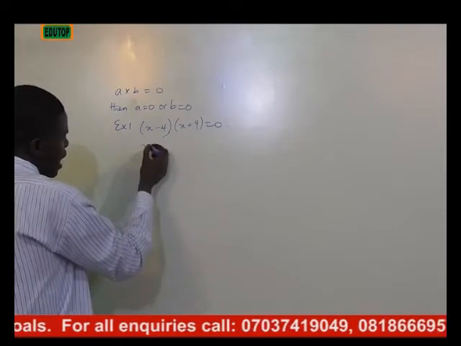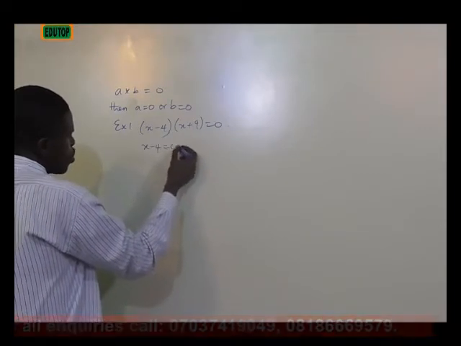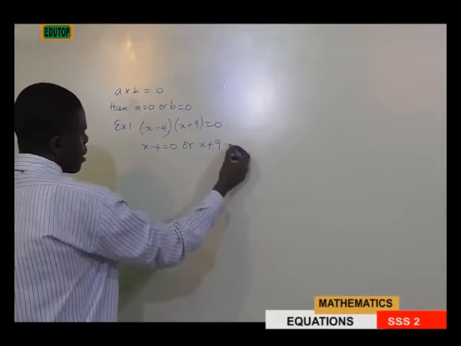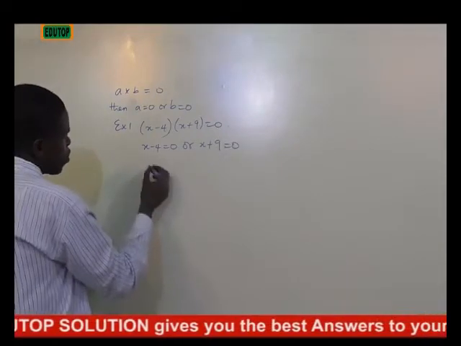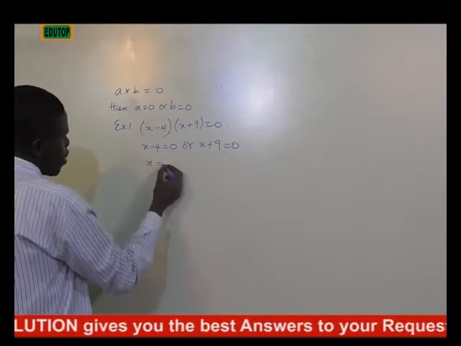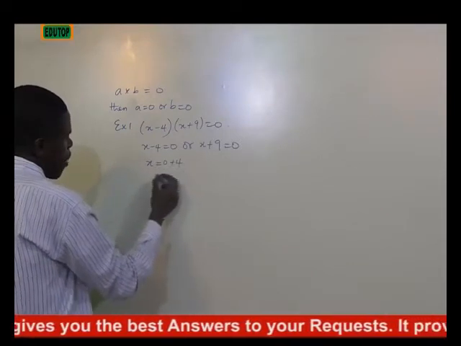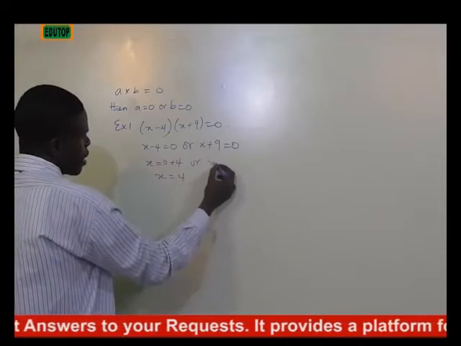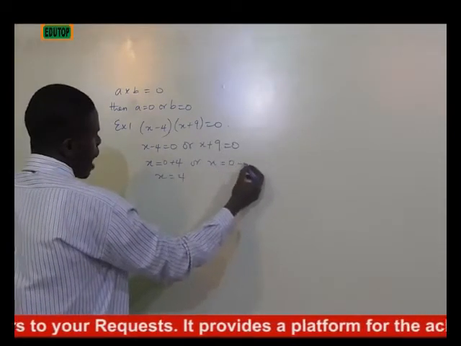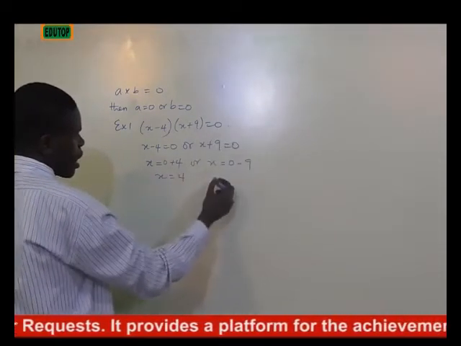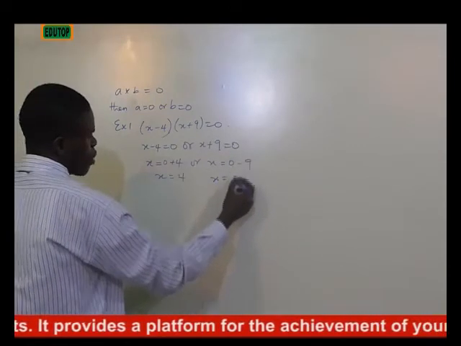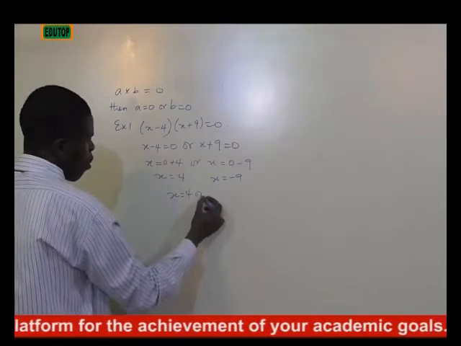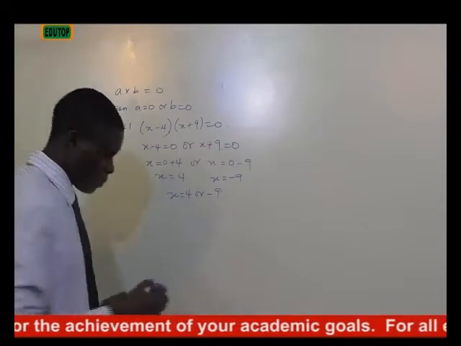So we can write that as x minus 4 equal to 0 or x plus 9 equal to 0. So x equals 0 plus 4, then our x is equal to 4, or x will be 0 minus 9. When this one comes to the other side, it becomes 0 minus 9, which is minus 9. So our x is equal to 4 or minus 9.